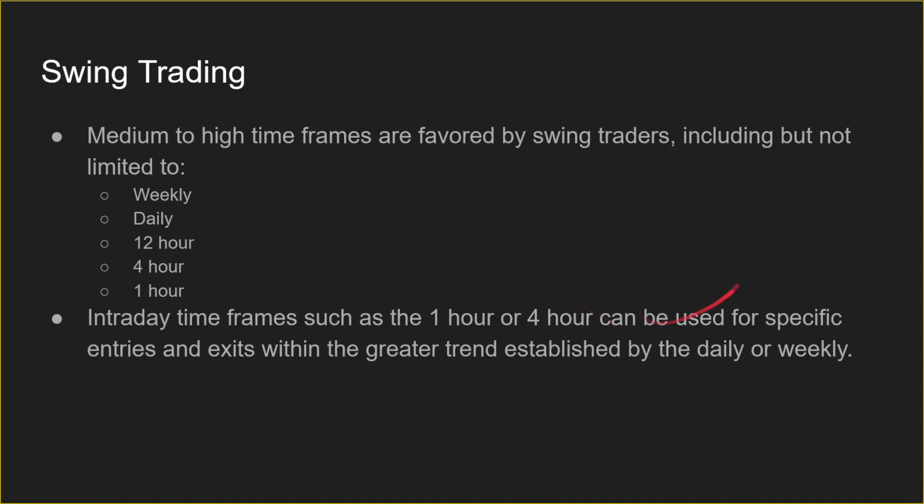Maybe we want to enter in at some sort of bottom that we can establish. All right, this is some sort of level of support. It looks like price could turn around and continue upwards, and the daily has continued to point upwards with its general market structure, so that could be a potential entry. And this is where we start to use these smaller time frames to support our ideas generated on the larger time frames.